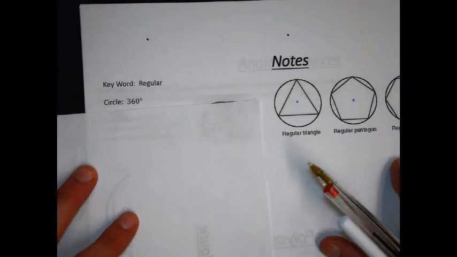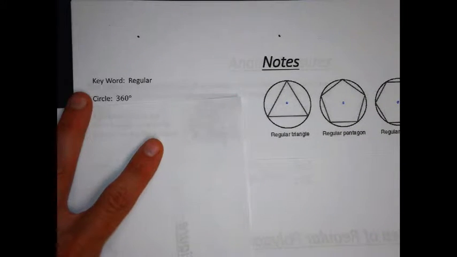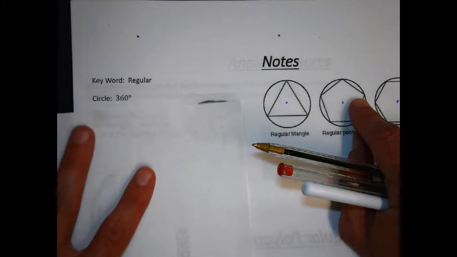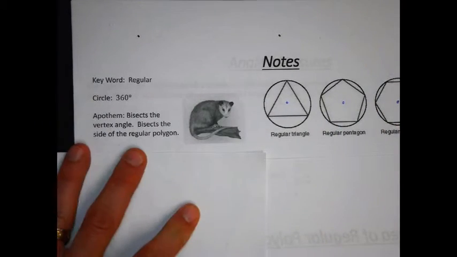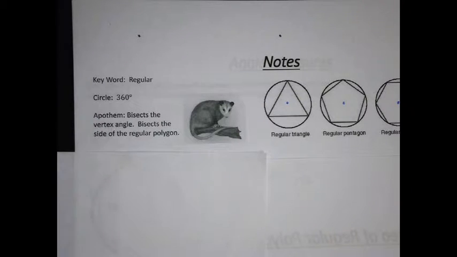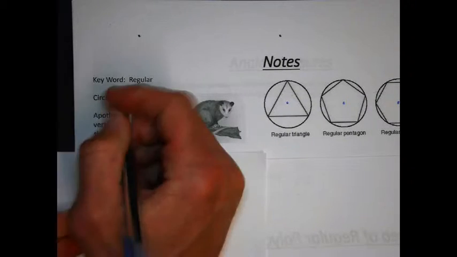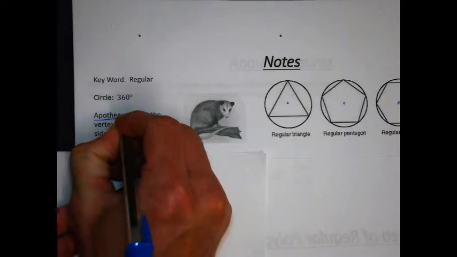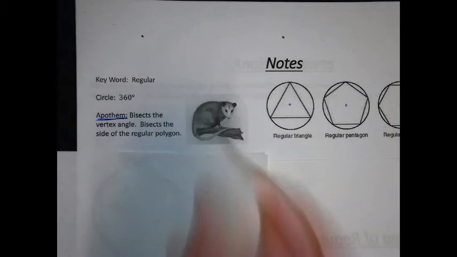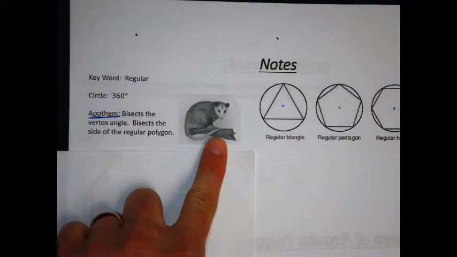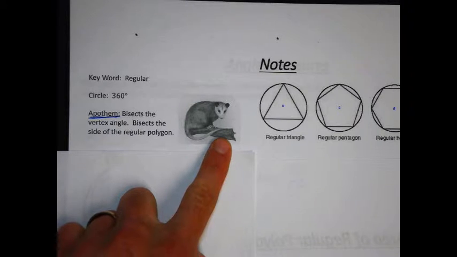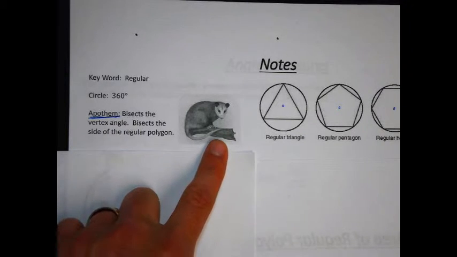Now, I have a new vocab term that you need to know. It's an awesome word, and it's called an apothem. This word is pronounced apothem. To help you remember how it's pronounced, I have a picture of an opossum. Apothem, opossum. So this is our opossum, the apothem opossum.